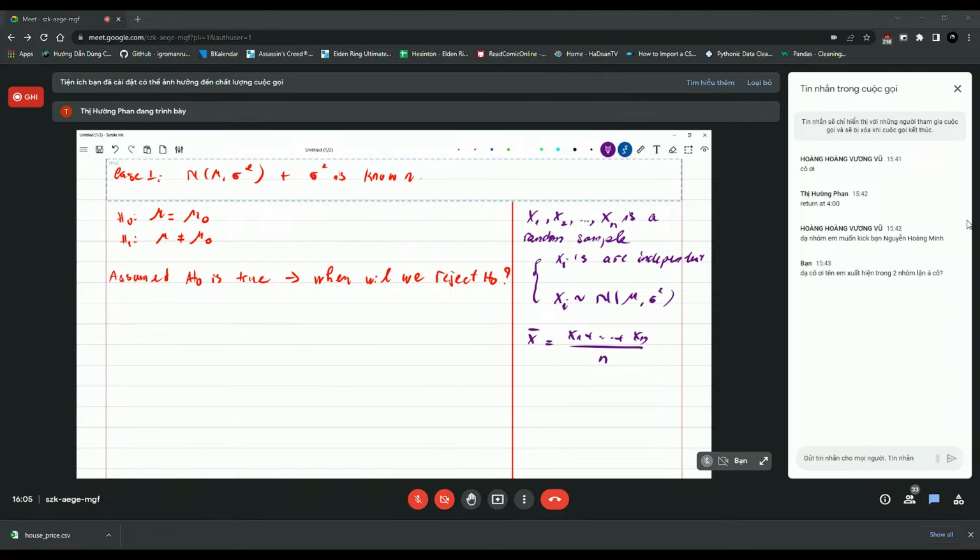Now suppose that, let's consider the example where I want to know whether the average height of students in our university is greater than 158 centimeters or less than 158 centimeters.